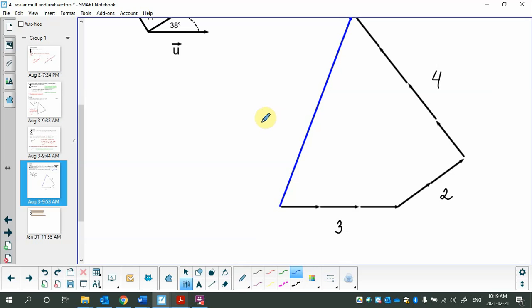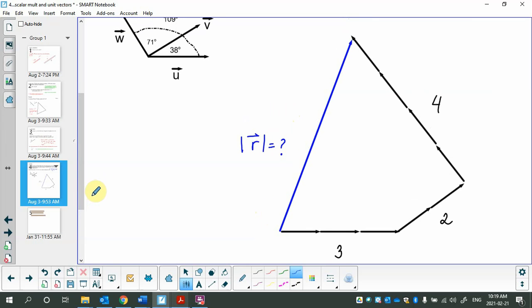What I'm looking for is how long is that? Another thing we can do is find angles here.